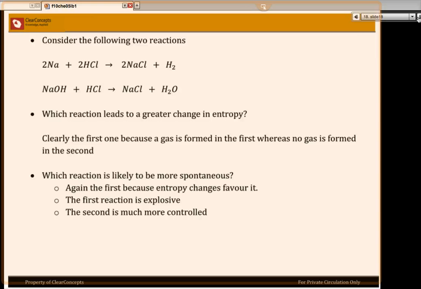All right, so let's figure out how we apply this to chemical reactions. Did Ashish teach you the second law of thermodynamics, or some form of it?